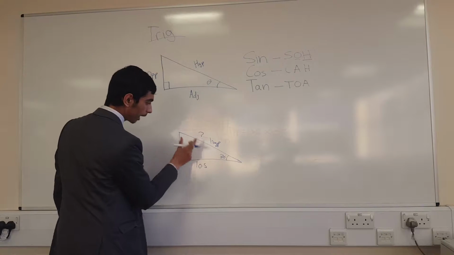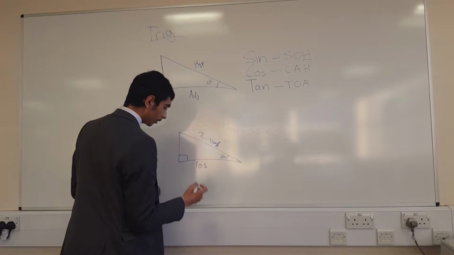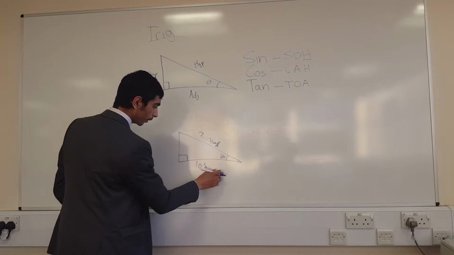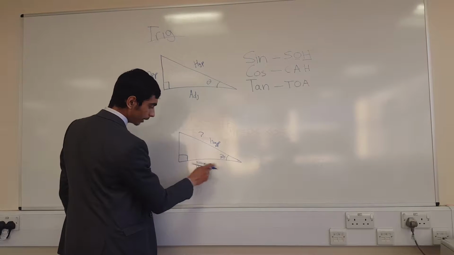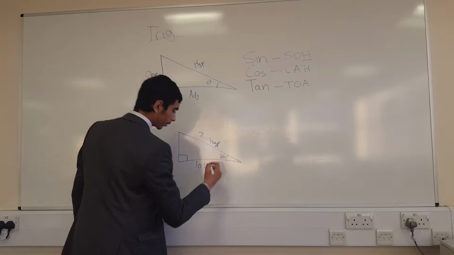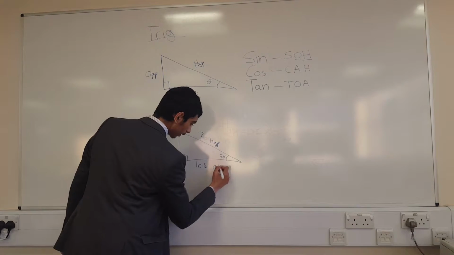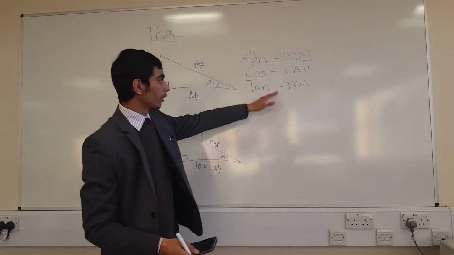We want to find out the hypotenuse, so there's no point labeling that. It's good if you want to, and it's fine if it helps you, but there's no real utility in that. And this is the adjacent, since this is the side adjacent to the angle, next to the angle, so we just label this adjacent. Okay, and now you go back to your SOHCAHTOA.